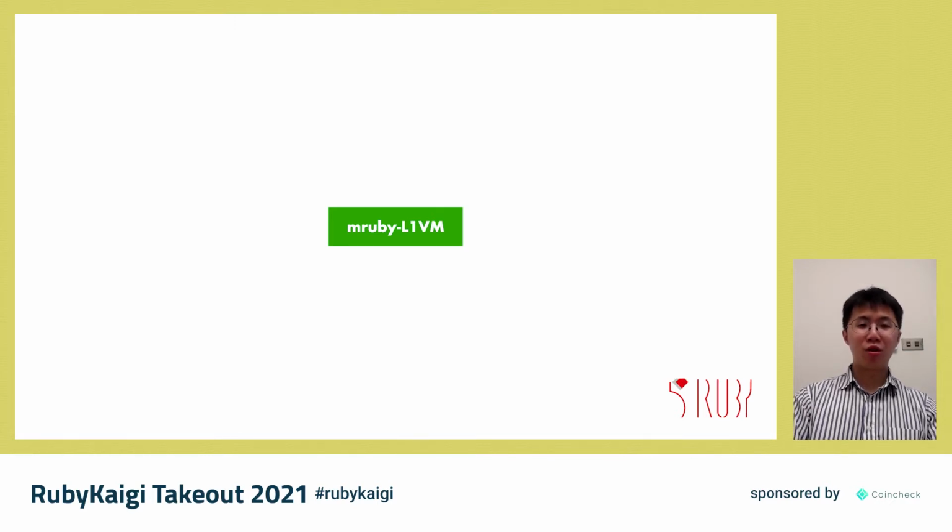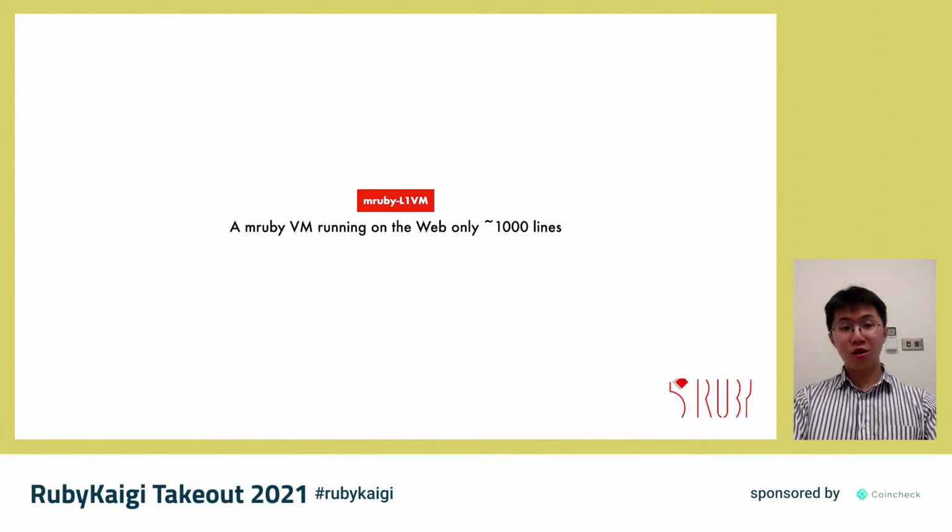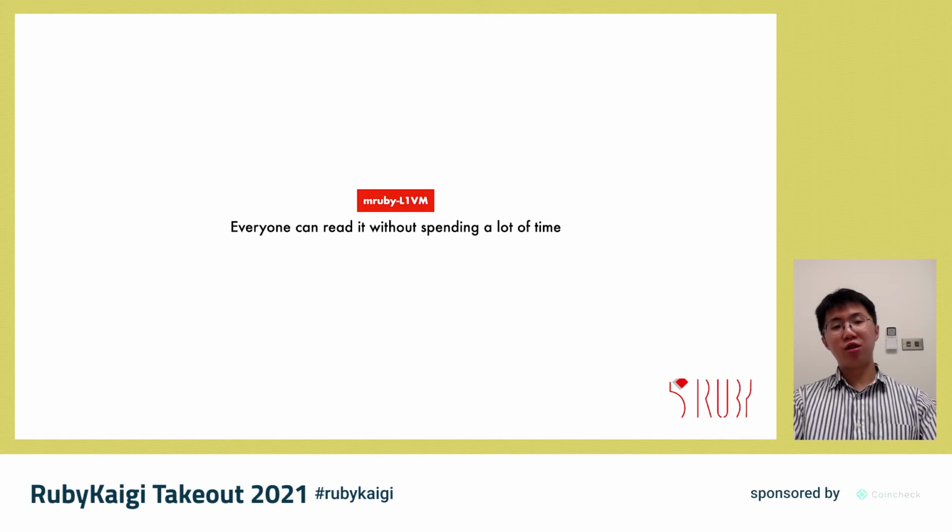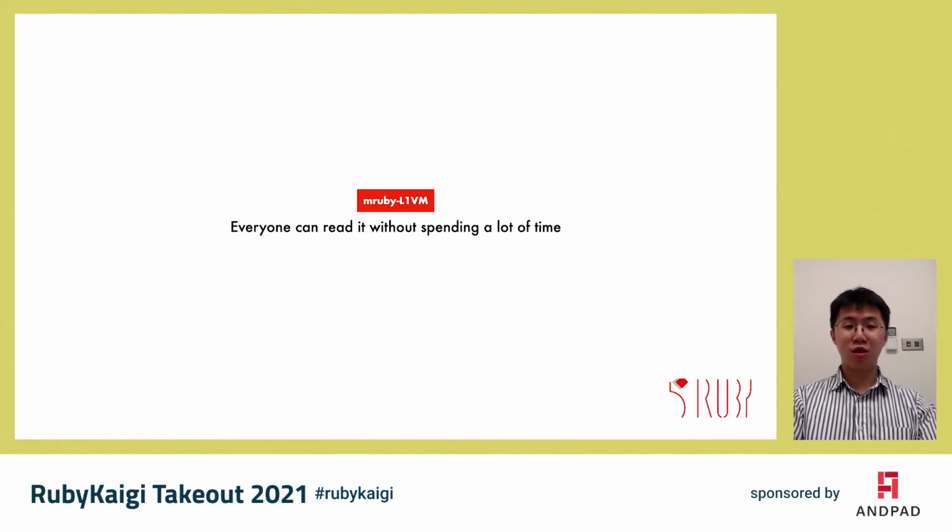This is a very small mruby VM, and it can run on the web. And this VM only has 1,000 lines of code, so it makes it very easy for everyone to read. You do not need to spend a lot of time to know everything, because the code path of mruby is already right inside this source code.